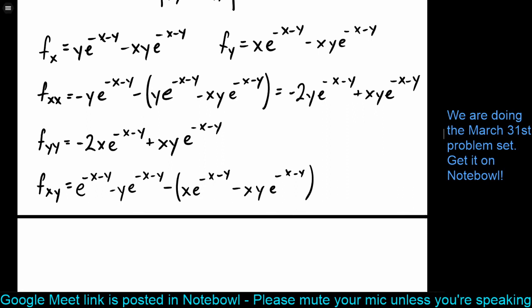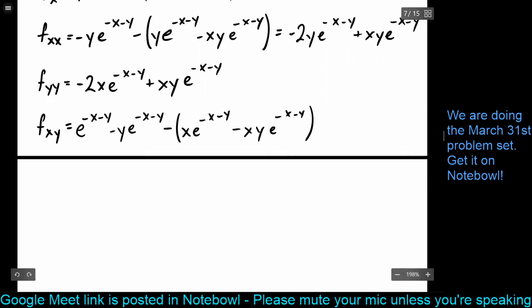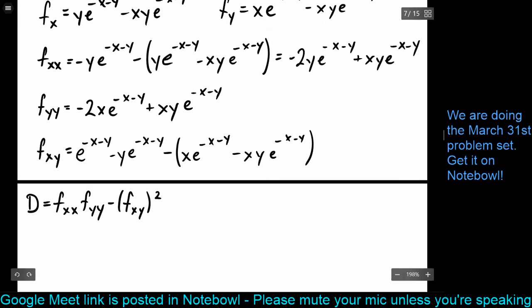So, just little ways to kind of save yourself some work, if you can notice things like that. All right. So now we need to construct this d here. So d is going to be, again, fxx, fyy, minus f of xy squared. So we've got to multiply all this stuff out. One thing I want to point out is notice that I can factor out the e to the minus x minus y from all of these pieces.